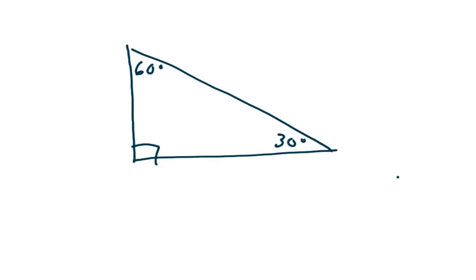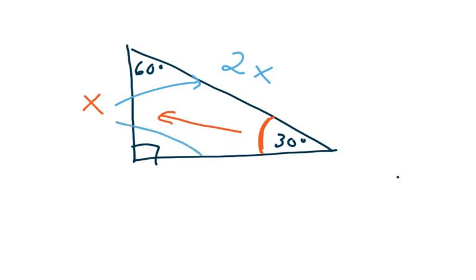If I'm given a 30, 60, 90, notice my 30-degree angle right here. I know opposite of it is some value x. It doesn't matter what that x value is. I already know that the hypotenuse right here is always going to be 2 times whatever that x value is.